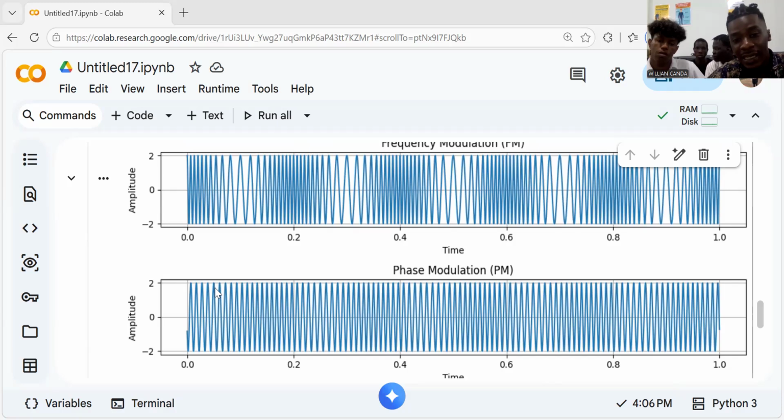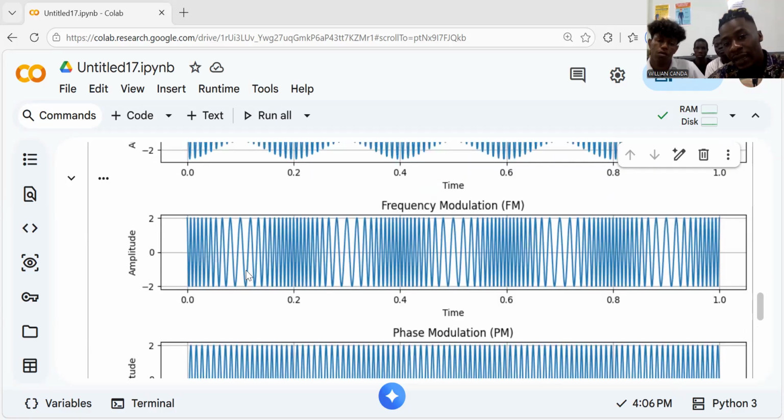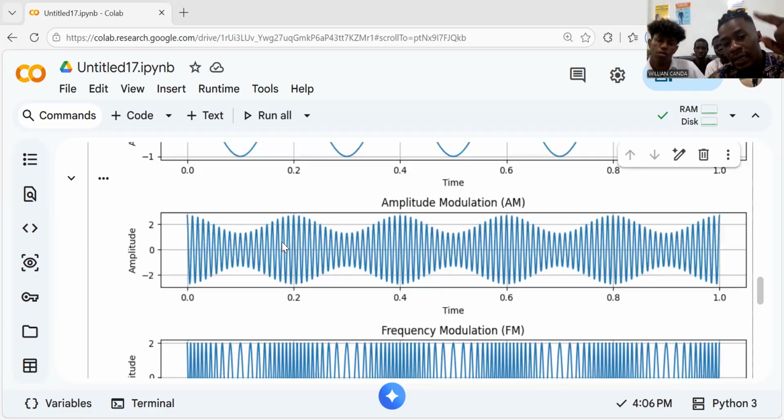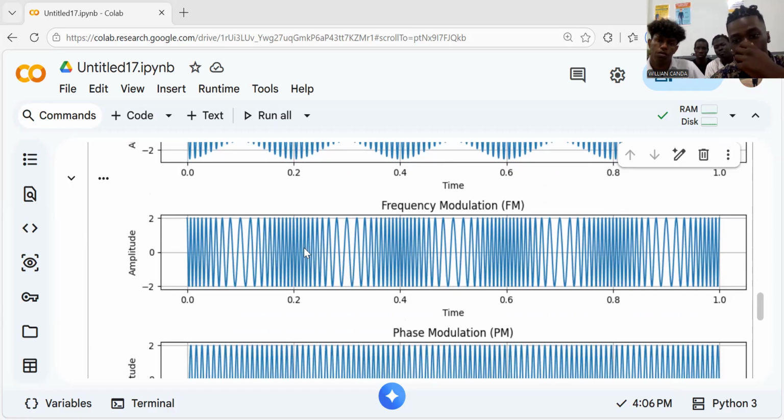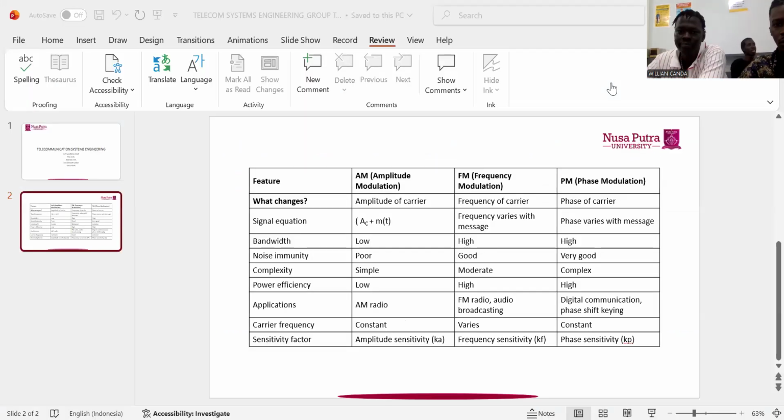But what we say is that the noise in frequency is higher, while the amplitude is less. So the graphic just shows how everything flows. So this is what I wanted to explain, and then my friend is going to explain another part of the job. So let's go.